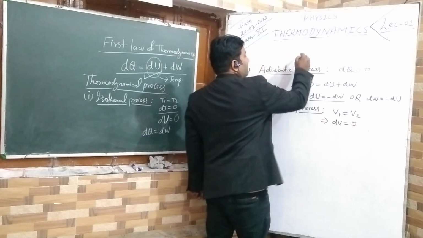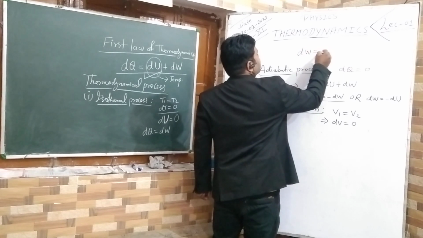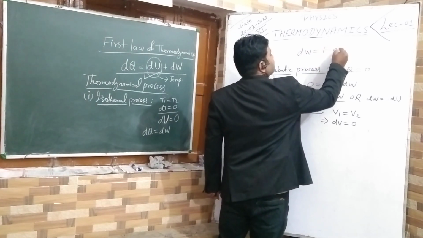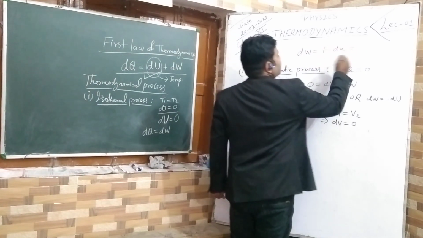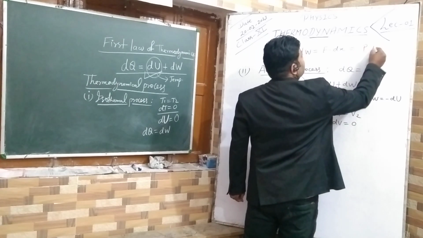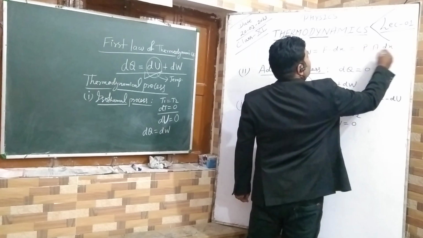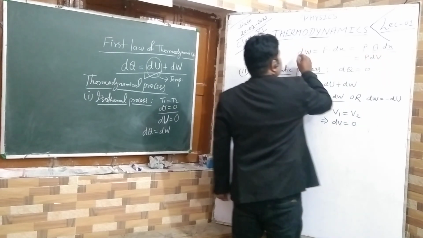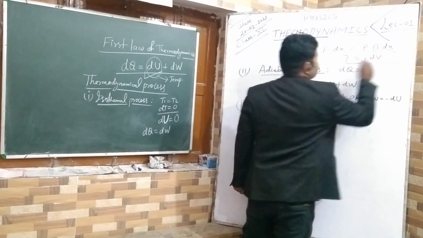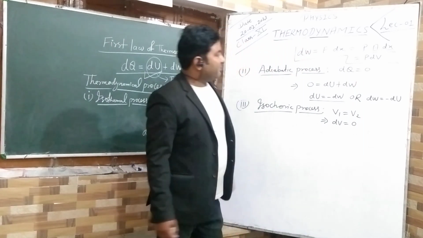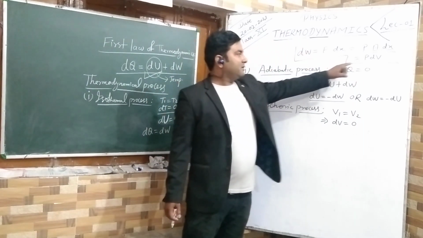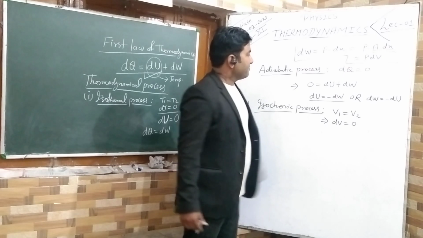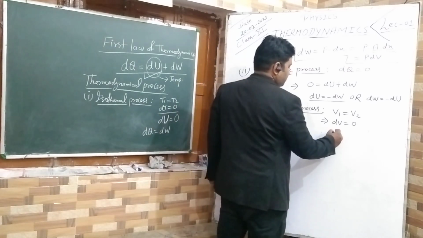But always remember, work done, the small amount of work done, is force into displacement. But force means pressure into area. Pressure into area, and area into displacement is volume. P dV. So work done is in the form of pressure into change in volume. Always remember this one formula for work done: P dV. Here dV is 0, then dW must be 0.